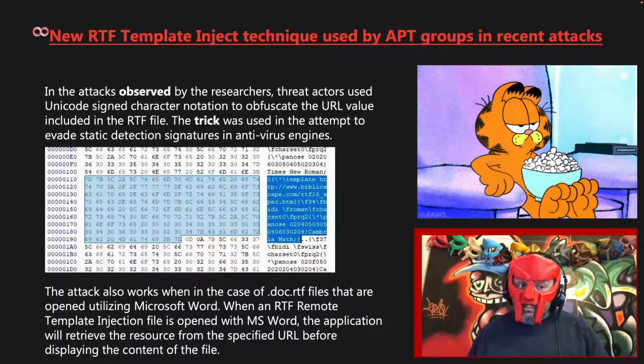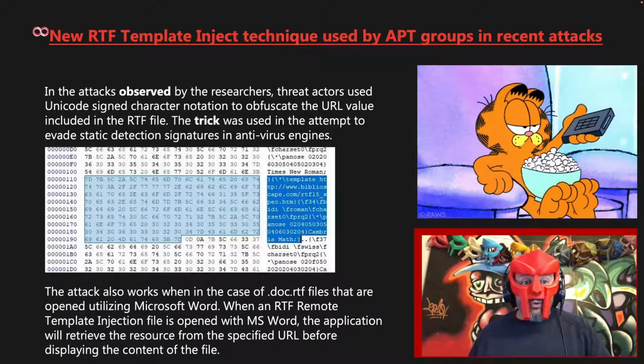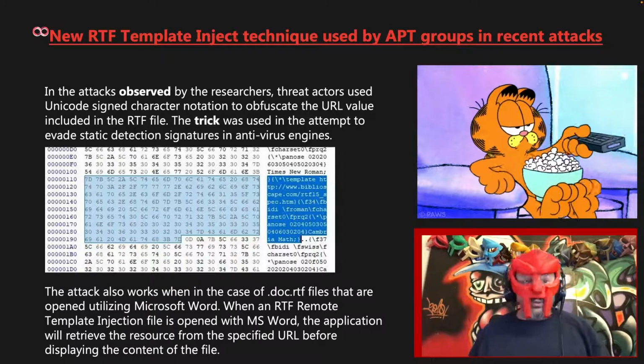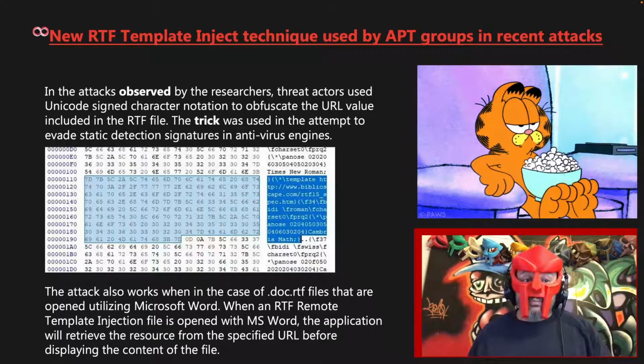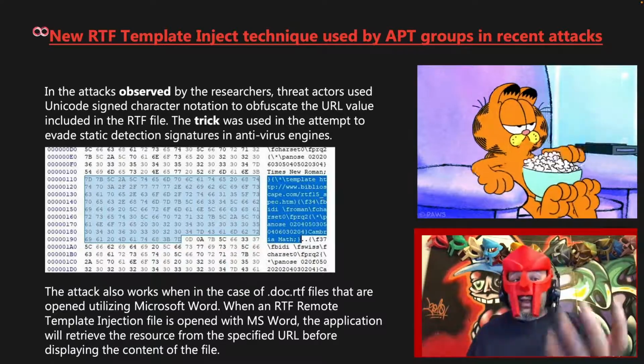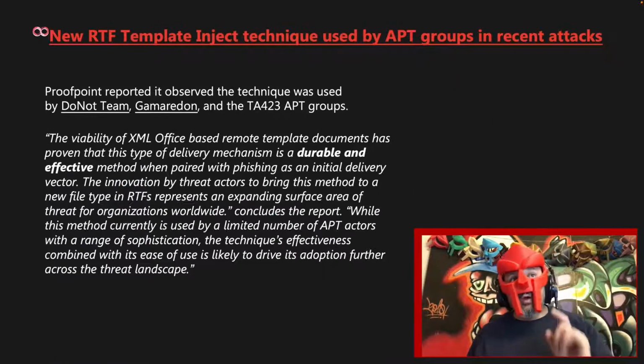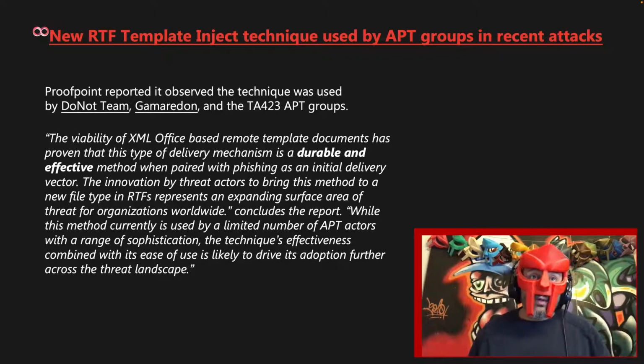So you get a .doc.rtf file, you try to open it in Microsoft Word, and before you can see any content in it, it's going out to grab that remote resource, which in these cases is a malicious payload, before it shows you any text within or any content of the document. Proofpoint reported it observed the technique was used by, again, the DoNot Team, Gamaredon, and the TA423 APT groups.